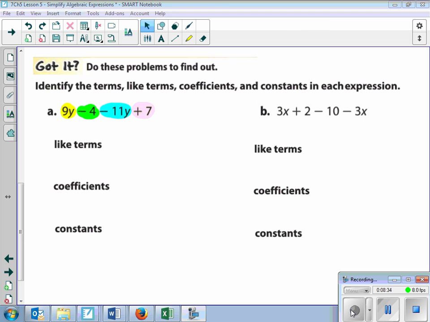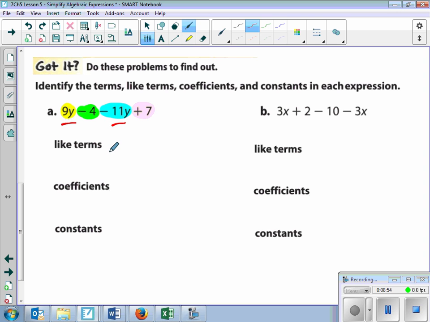All right, so those are the terms, keeping in mind that the operation is the sign of the number that follows. Okay? So, the like terms are the ones that have the same variable raised to the same exponent. So, that would be which ones? Very good. So, the like terms are 9y and negative 11y.